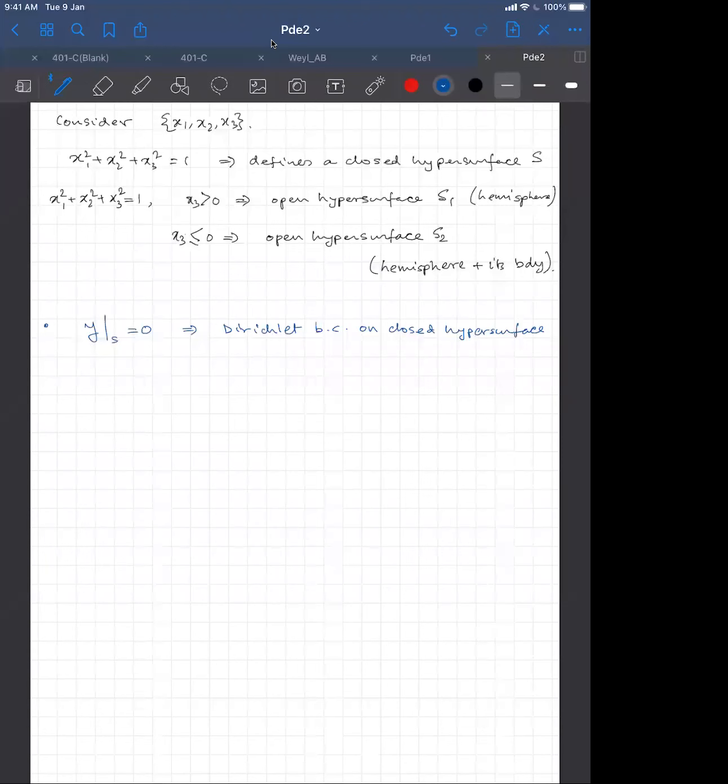Okay, so given this boundary condition, all tangential derivatives, so here there are two linearly independent ones, del y del theta and del y del phi, of y vanish. Okay.